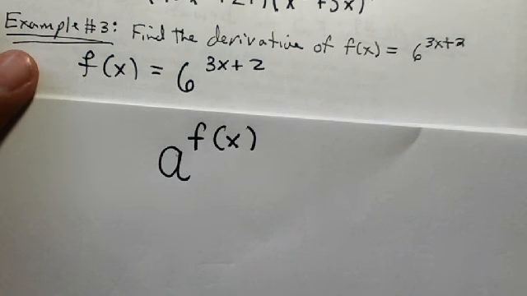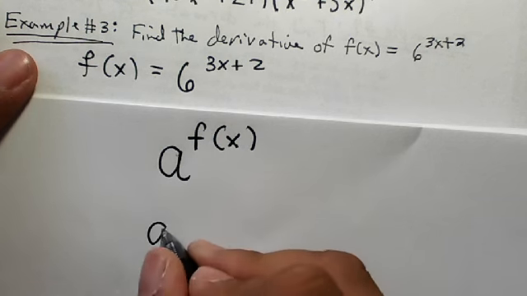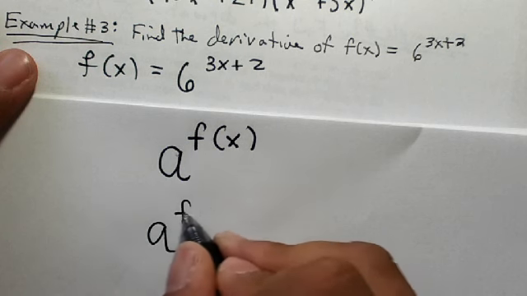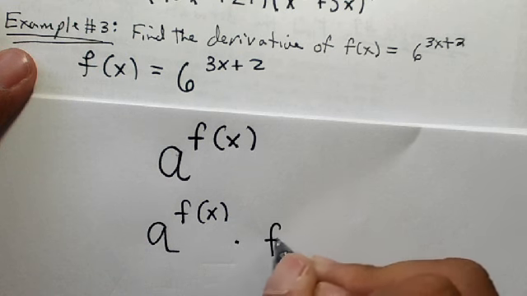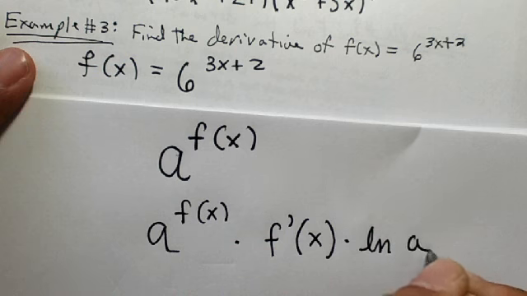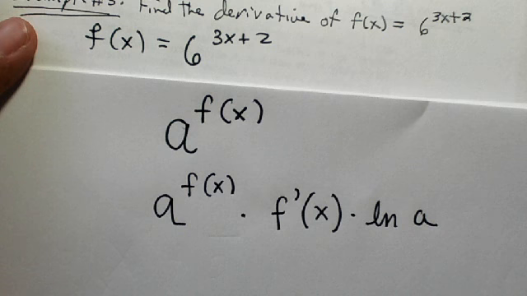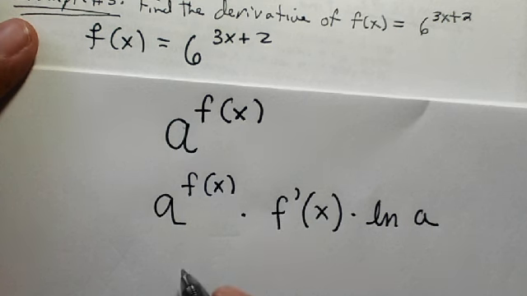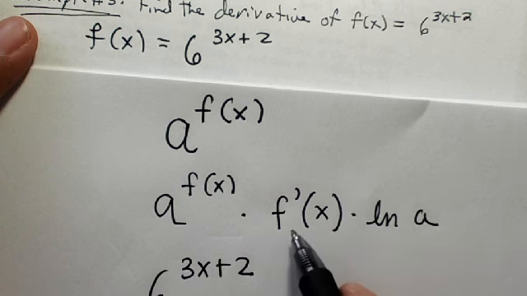And what's the derivative of a to the f of x according to that exponential rule? It says the derivative would be a to the f of x times f prime of x times the ln of a, according to that formula. Do y'all see that on your notes? So this is 6 to the 3x plus 2 times f prime of x.